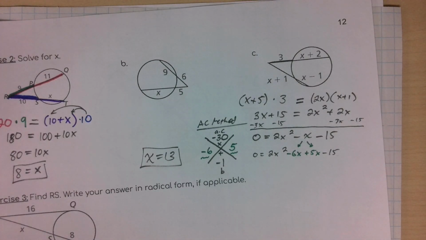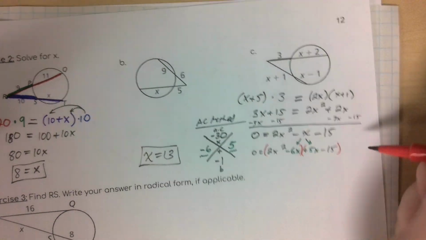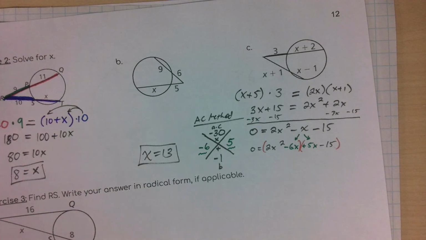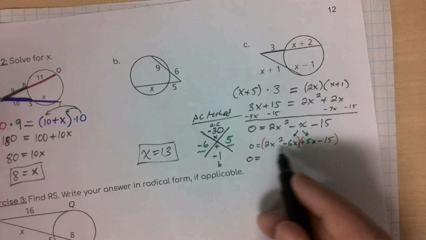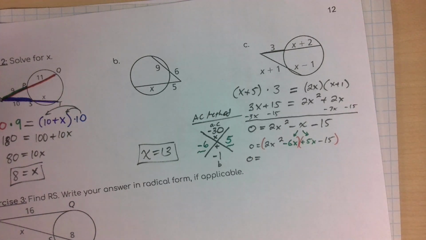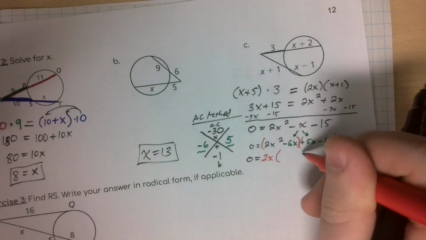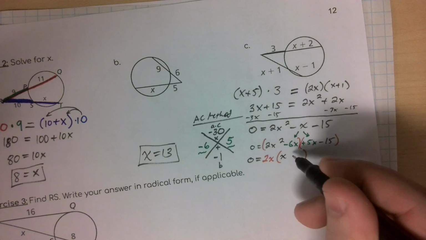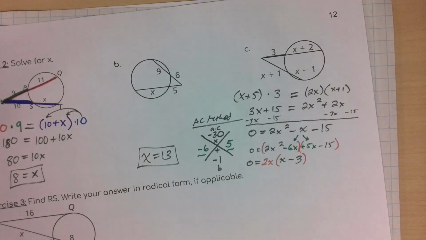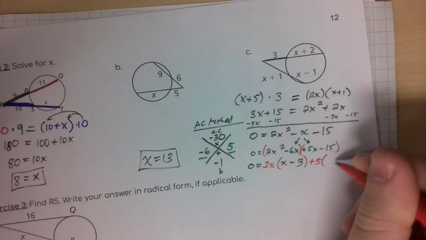The next step for the AC method is, as always, to group your terms, now that you have 4 of them, and take out what you can from each group. So here, I notice that both of these terms can be divided by 2 and x. So 2x is our GCF. Left over, I would have an x here and a minus 3 here. Here I notice 5x and negative 15 can both be divided by 5.